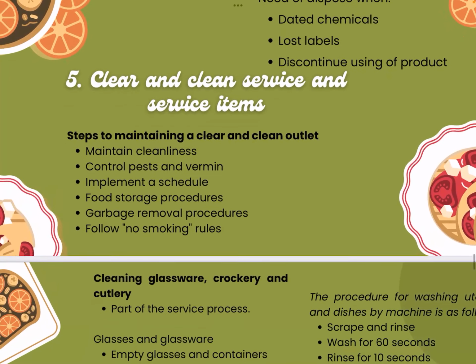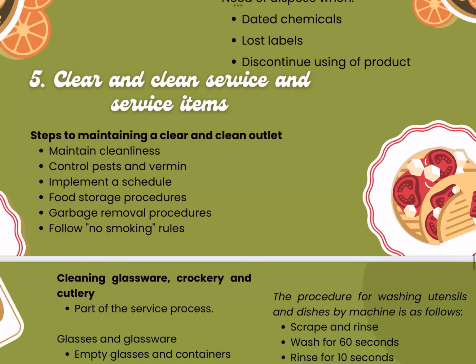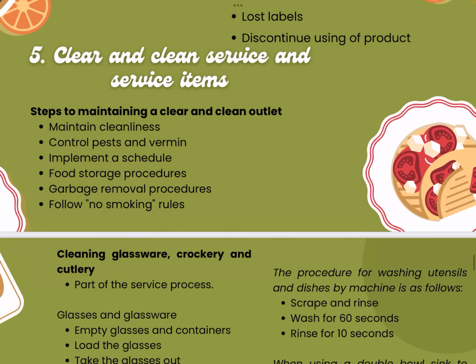Now, number 5, clear and clean service and service items. Steps: maintain the cleanliness, control pests and vermin. Whenever you are working in a restaurant, we are not only in charge of placing food, but most importantly, we need to make sure that everything is nice and clean.